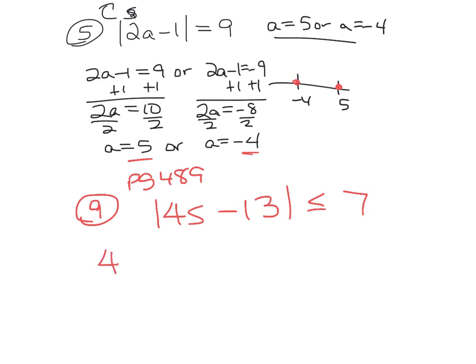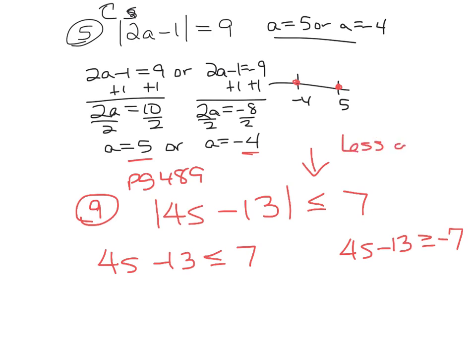So I'll do 4s minus 13, take away the absolute value bars, solve that one as is. Over here, 4s minus 13, flip it and set it greater than or equal to negative 7. This symbol for me, I'm using my little acronym, and this is a less and. So that's how I remember that. So this will be an and when I'm all done.